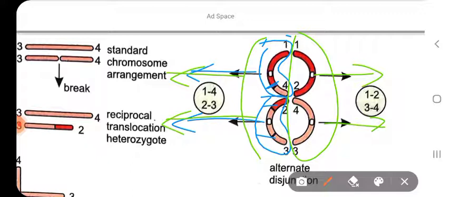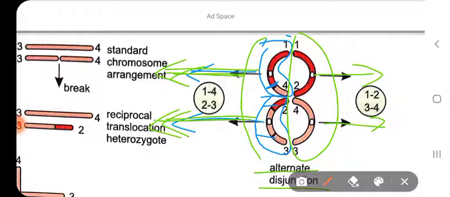So in case of alternate disjunction, both normal chromosomes are moving to one pole and translocated chromosomes are moving to the opposite pole during anaphase 1. And therefore all the gametes are viable in this case, and they receive a full gene complement.